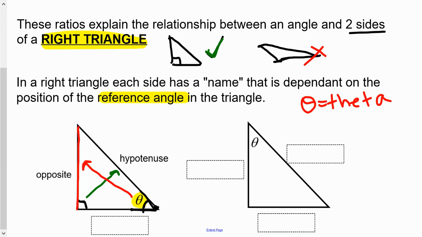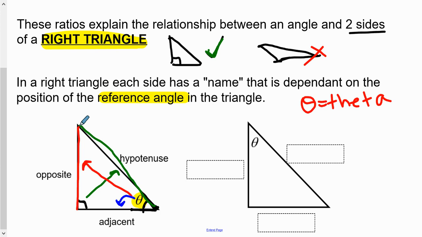And then the last side is not opposite, but it is also not our hypotenuse. It's the side length that is touching, it's beside. It's what we're going to call the adjacent side length, the side length that's attached to our angle. Adjacent means beside. But we want to make sure it's not the hypotenuse. Technically, the hypotenuse is also touching our angle, it's also beside our angle. But that one, because it's the longest side length, has a specific name.